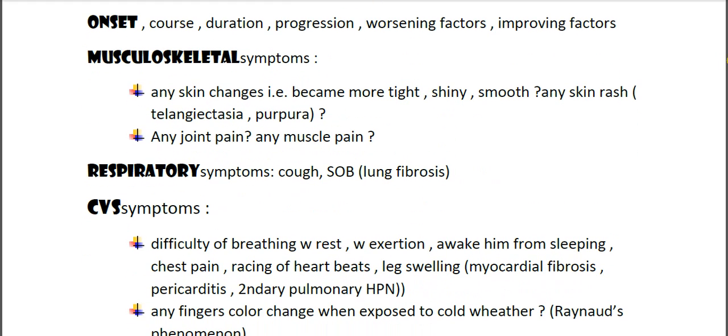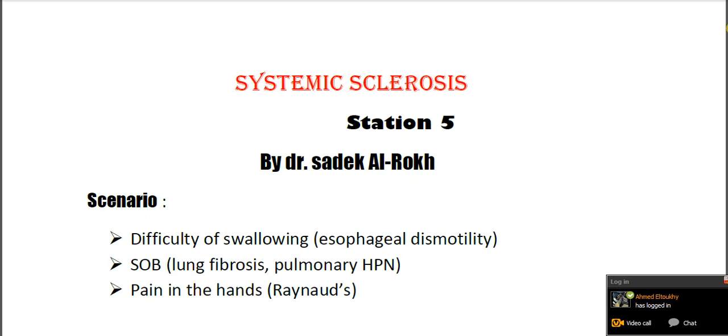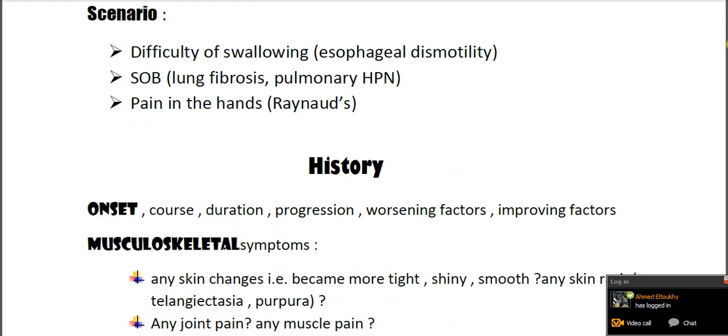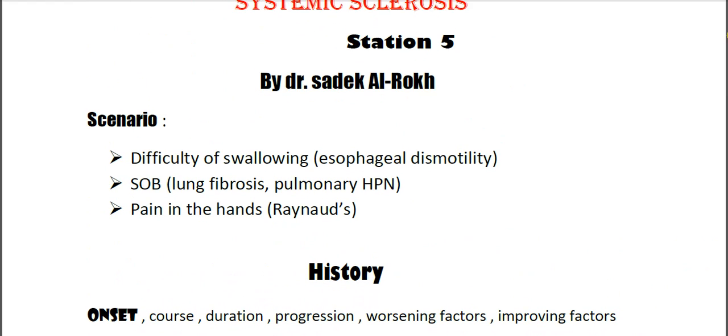She has also bibasal fine crackles indicating lung fibrosis. I'd like to do a urine dipstick for proteinuria, and I'd like to examine this patient's blood pressure. There is no evidence of overlap syndrome with this patient. This patient seems to have limited cutaneous scleroderma because there is sparing of the skin of the arms.